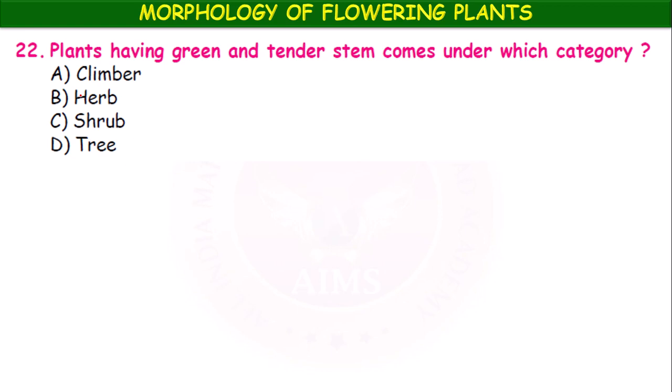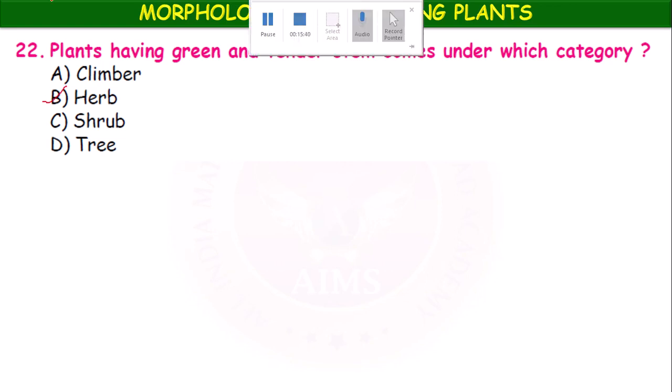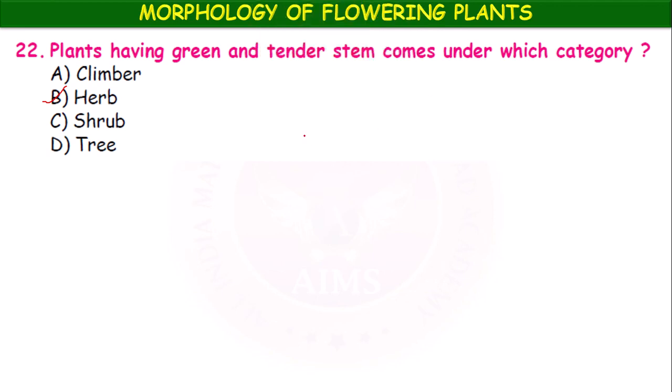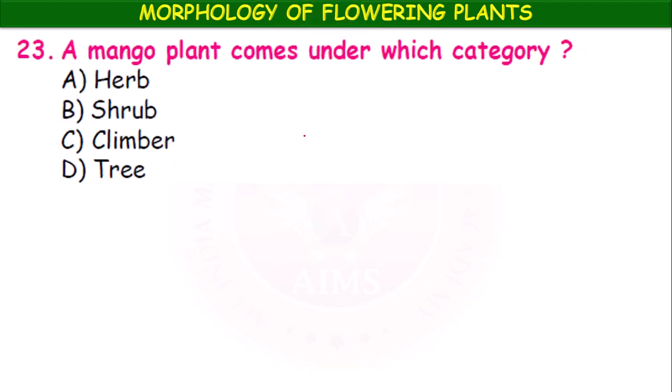Climber, herb, shrub, tree. It is the herb. Mint, coriander, all these are herbs. A mango plant comes under which category? Herb, shrub, climber, tree. Tree.